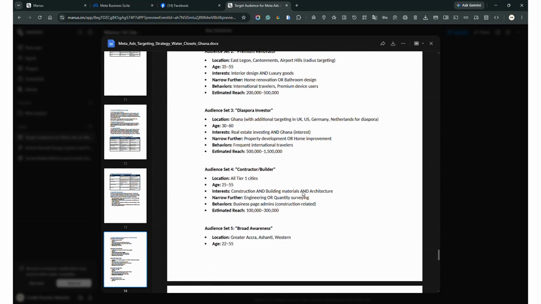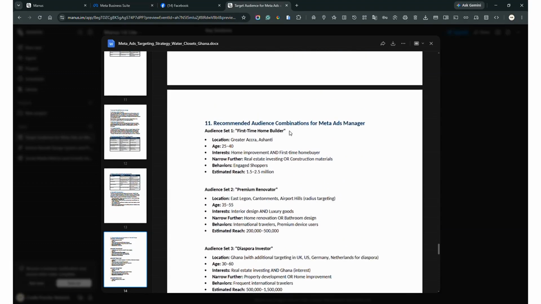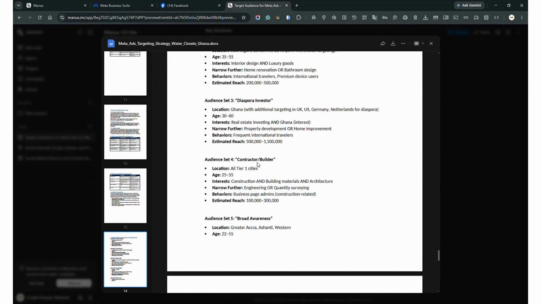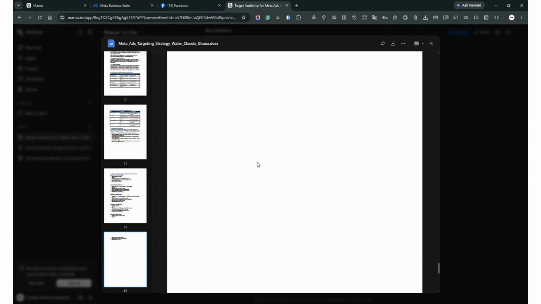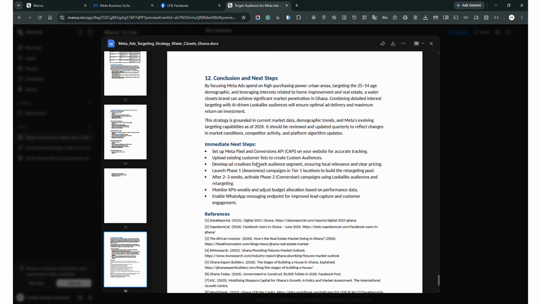Now look at this: the recommended audience combination for Ads Manager. You can see Greater Accra and Ashanti region, where they give 25 to 40. These are more or less a preamble of information we've been given, not entirely what we need to target. It just gives you an idea of the kind of people to target.